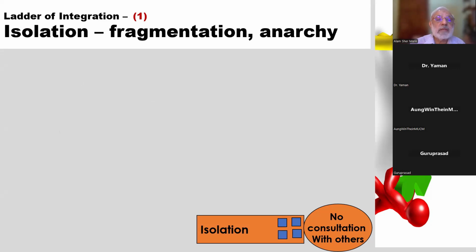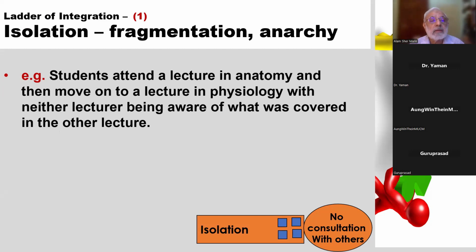So the first level is isolation or fragmentation or anarchy or no consultation with others. For example, students attend a lecture in anatomy and then move on to a lecture in physiology with neither lecturer being aware of what was covered in the other lecture.